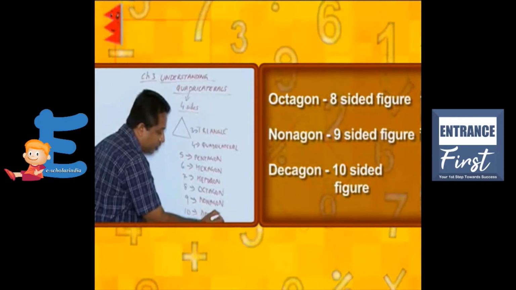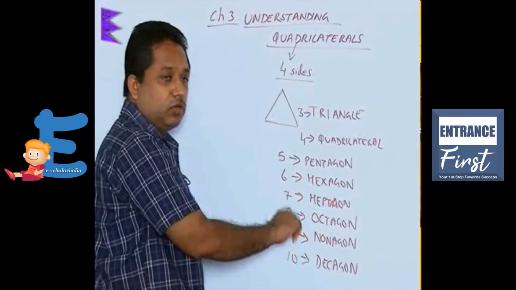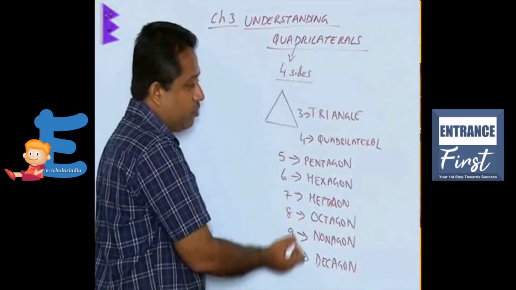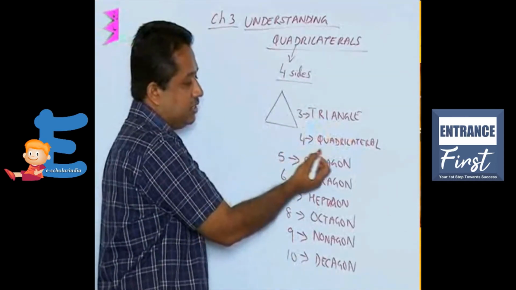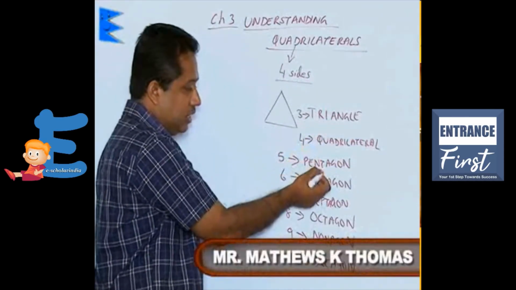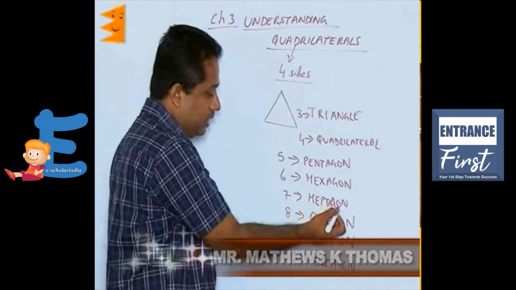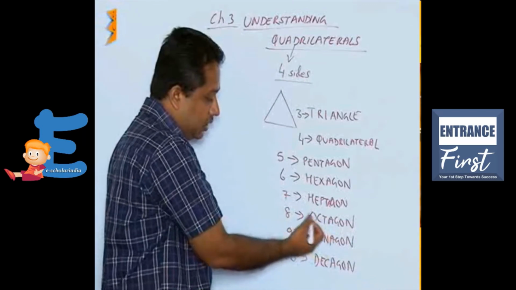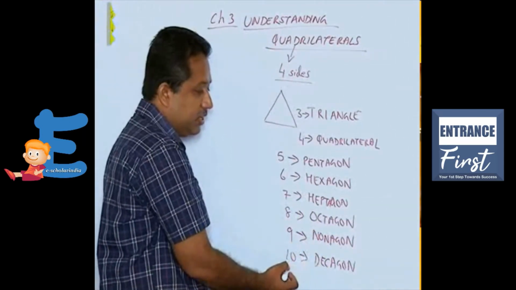Now there are names also for 11 sides and 12 sides, but that will be beyond the course at the moment. So we have to concentrate on these polygons: triangle with three sides, quadrilateral with four sides, pentagon with five sides, hexagon with six sides, a heptagon with seven sides, octagon with eight sides, nonagon with nine sides, and decagon with 10 sides.